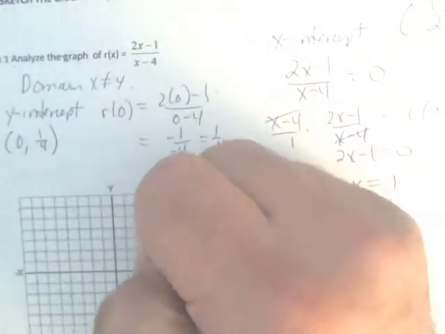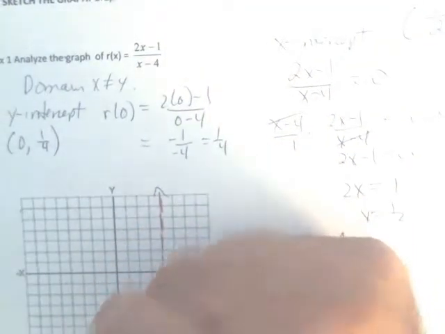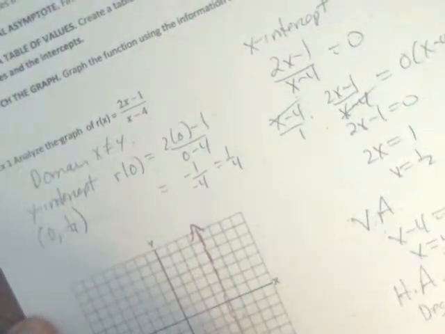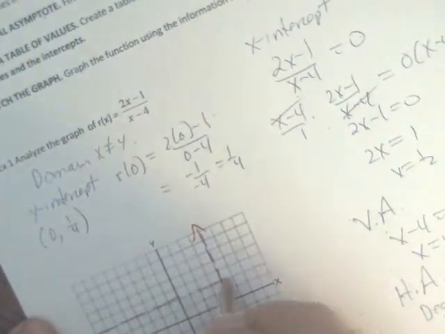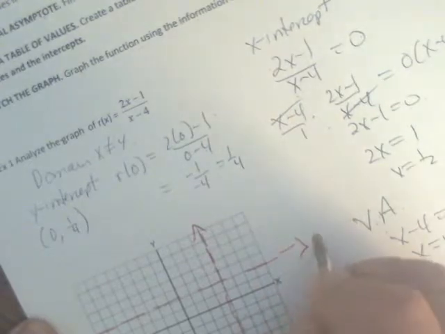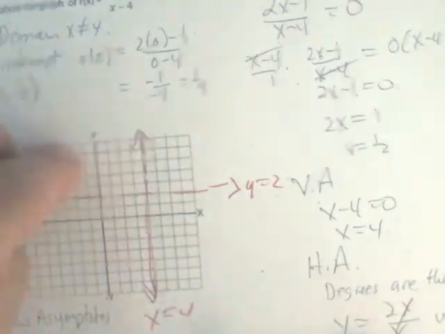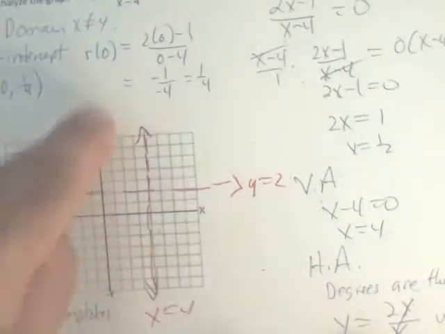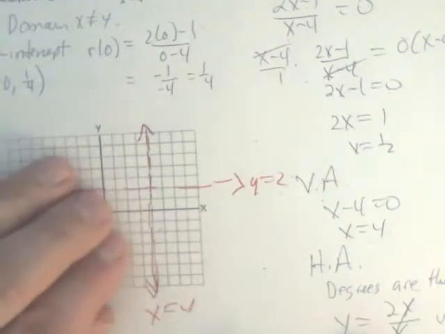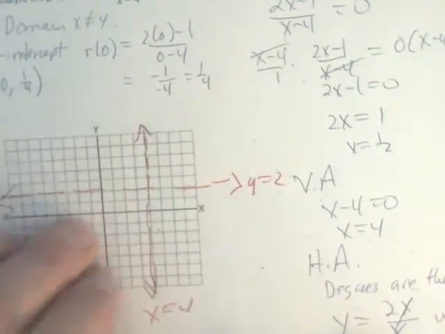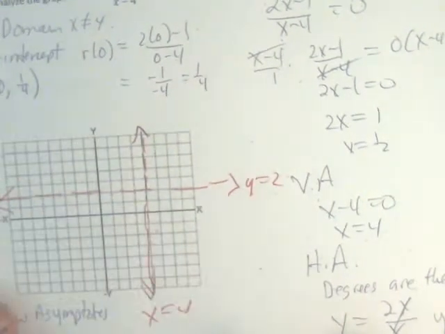Oh, there's a red pen. There we go. And then my horizontal asymptote at y is 2. And so what I've created here is almost a new coordinate plane, with 4 new sections. We've kind of shifted that original coordinate plane here.